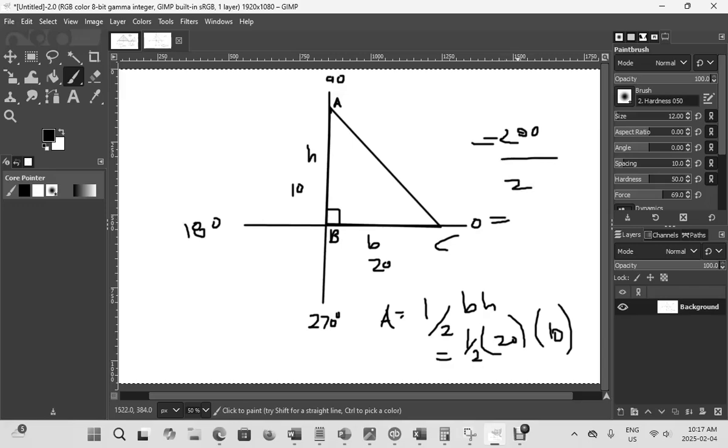So this will be 100 feet square. This is basically how you figure out the area of a triangle.